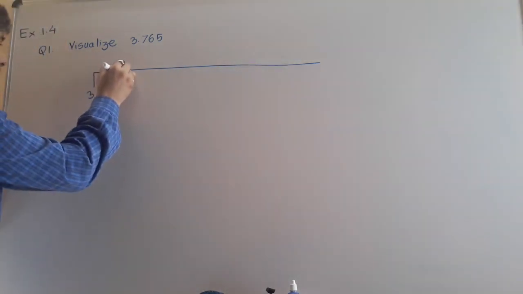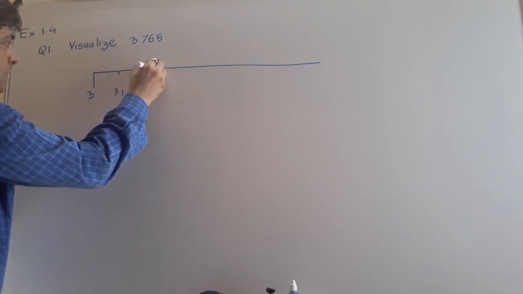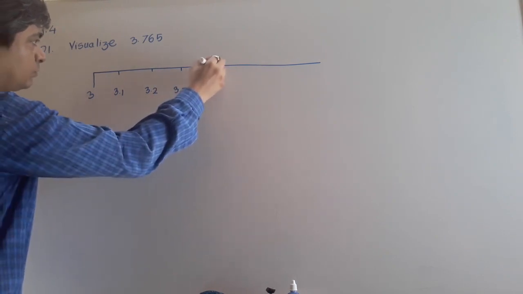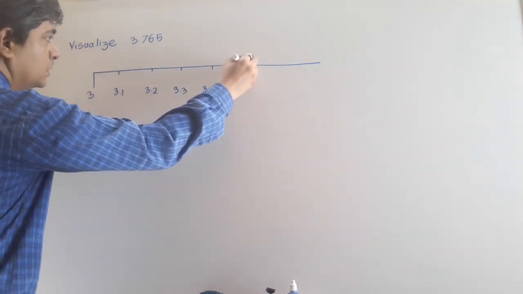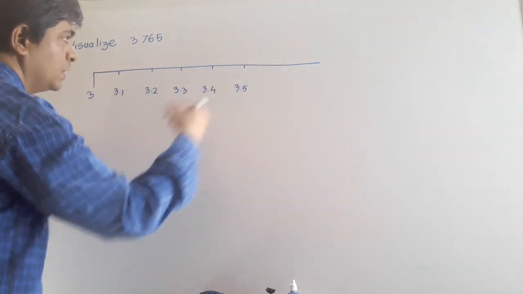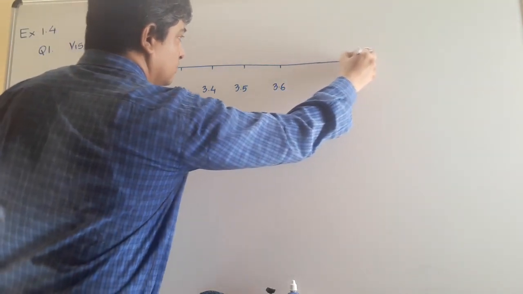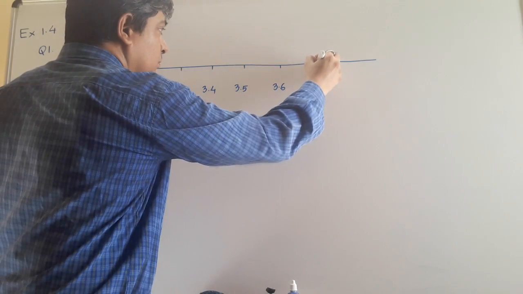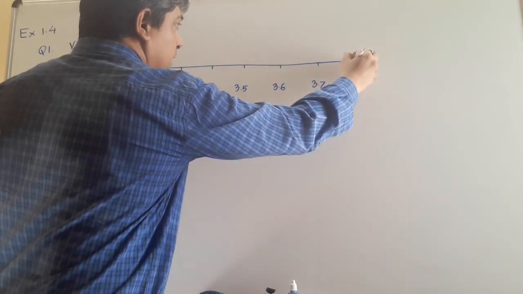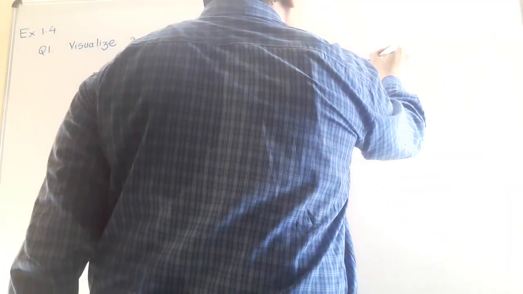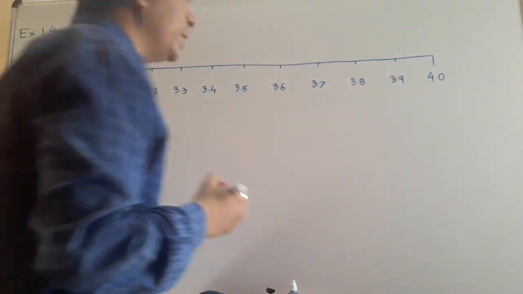Now suppose this point is 3.1, this point is 3.2, similarly 3.3, 3.4, 3.5, let us go a little further, 3.6, 3.7, then 3.8, and let me mark the remaining two, 3.9, and then the last but not the least, that is 4.0.